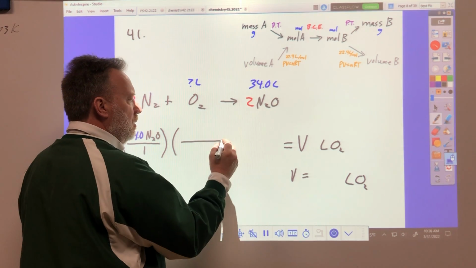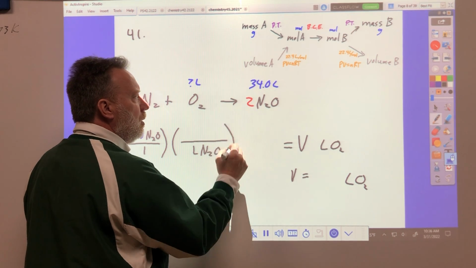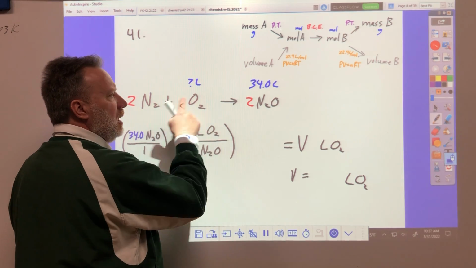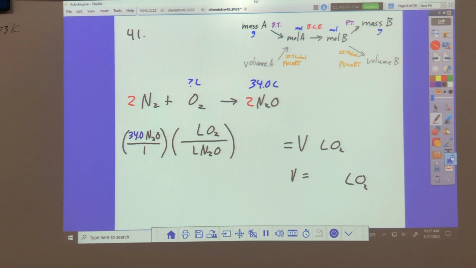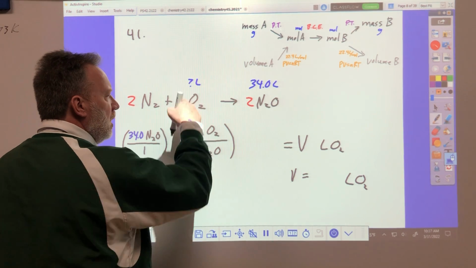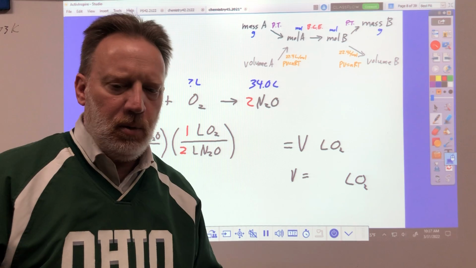For every 2 liters of N2O, you have 1 liter of O2. These numbers mean liters also, as long as the conditions are the same. They don't even have to be at STP. Okay, so 2 liters of N2O consumes 1 liter of oxygen. And the answer is going to be 34 divided by 2, 17.